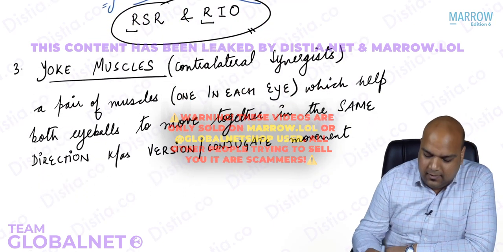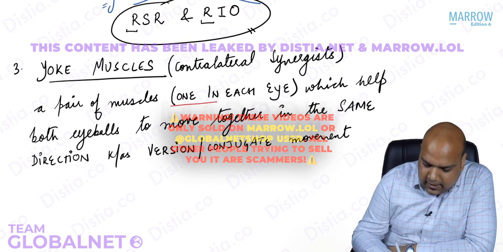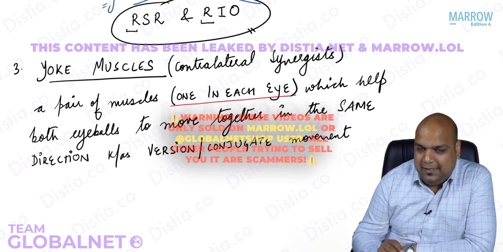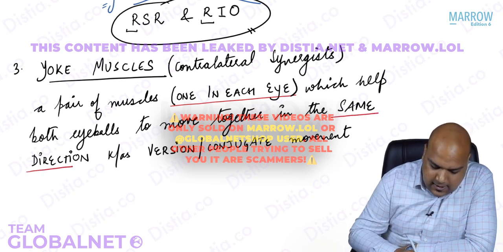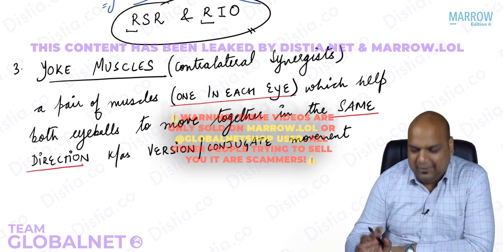The first point, as I have again stressed, is one in each eye. The second point is which help both the eyeballs to move together in the same direction. Okay?